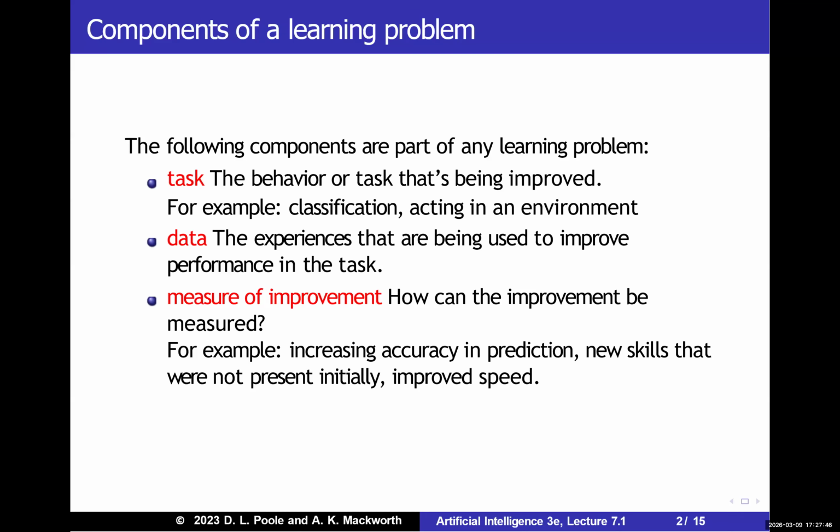And then the final component is the measure of improvement, which tells us how well the model is performing. For example, we might measure how often the model correctly identifies phishing emails or how accurately it detects malware. Without a performance measure, we have no way to tell whether the system is actually learning anything useful.